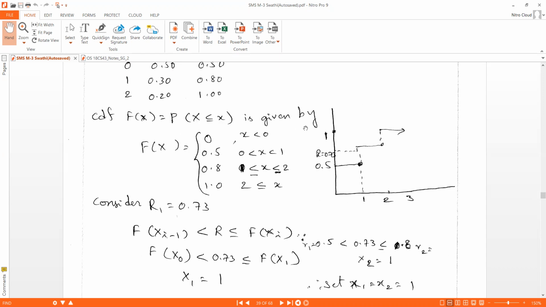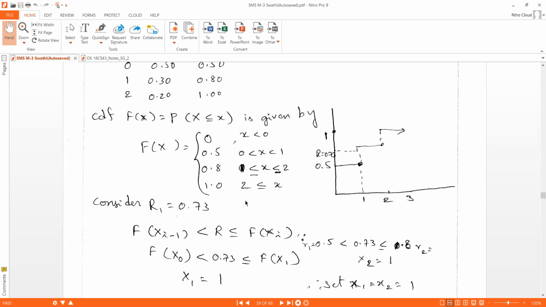It is given like this: F of x is equal to 0 when x is less than 0, and F of x equals 0.5 when 0 is less than or equal to x less than 1. F of x equals 0.8 when 1 is less than or equal to x less than 2. F of x equals 1.0 when x is greater than or equal to 2.